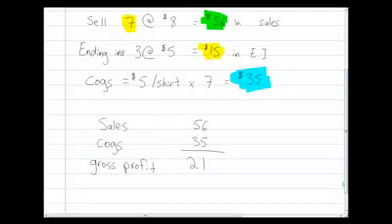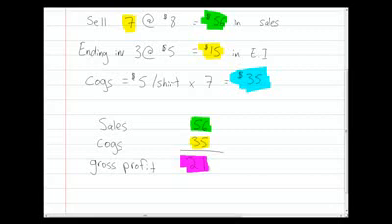In summation, the 7 t-shirts we sold generated revenue of $56, and those 7 t-shirts cost us $35 to buy, which left us with profit of $21 in total for the 7 t-shirts that we sold.